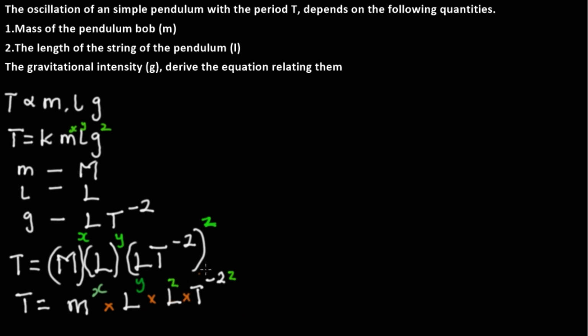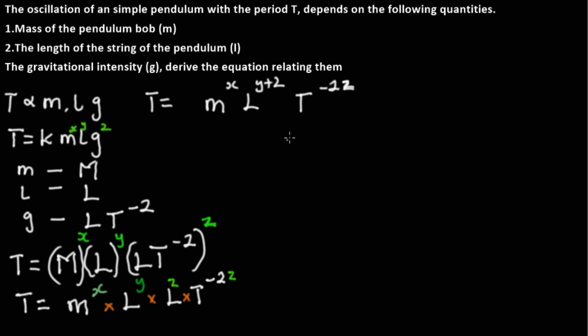So we're going to add the powers of L, and by doing that, we arrive at M^x, and the L power is y plus z, and T still remains minus 2z. Now, since we've done adding the powers, we should not forget that this is T that is equal to this.